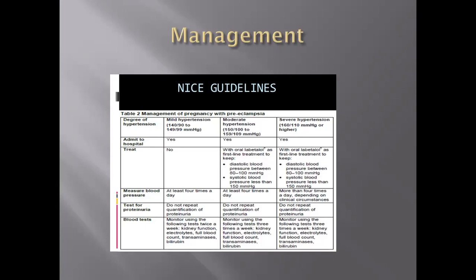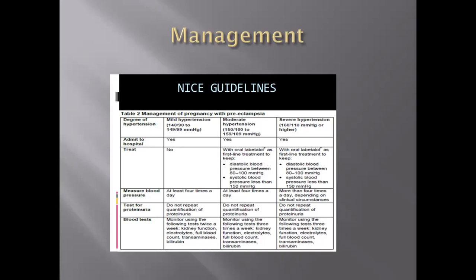In case of moderate hypertension, we have to lower the blood pressure, and for that, multiple drugs can be used, but labetalol is used as first line. In case of moderate hypertension, we have to keep the diastolic blood pressure between 80 to 100 millimeters of mercury and systolic blood pressure less than 150 millimeters of mercury.